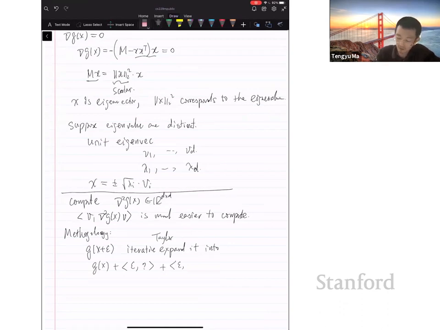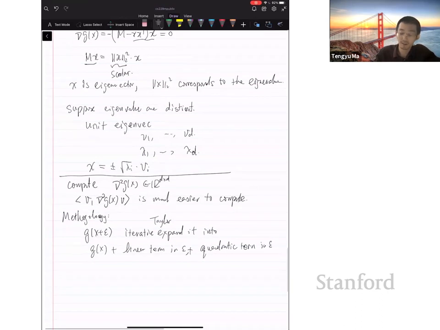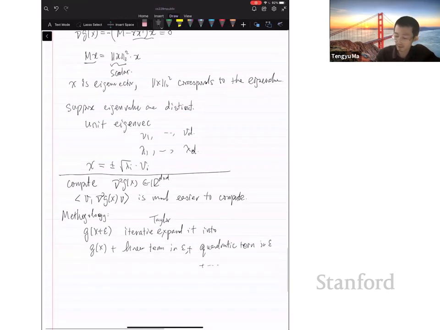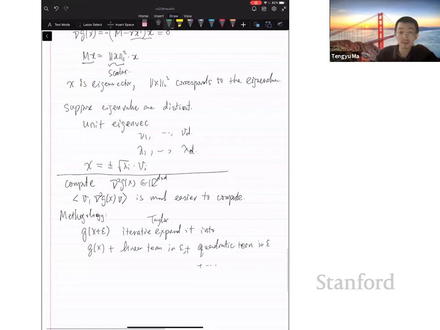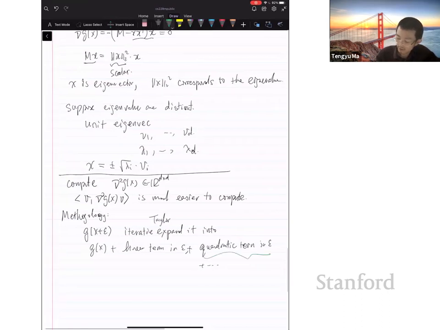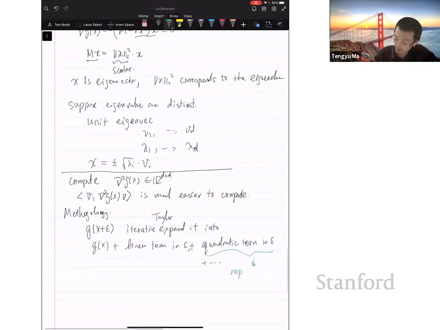So, maybe I shouldn't even write this. So g of x plus some linear term in epsilon, plus some quadratic term, and so on and so forth, right? Plus higher order terms.